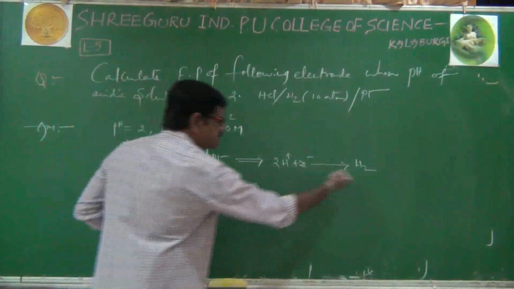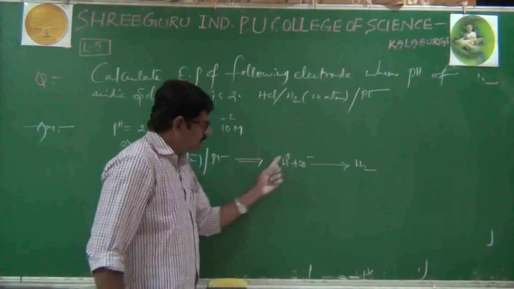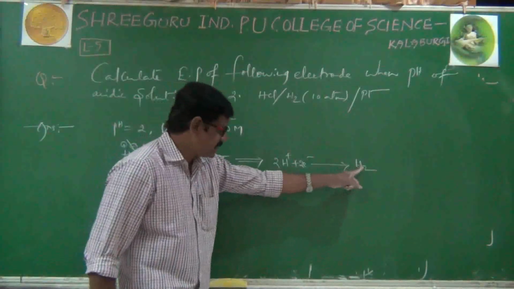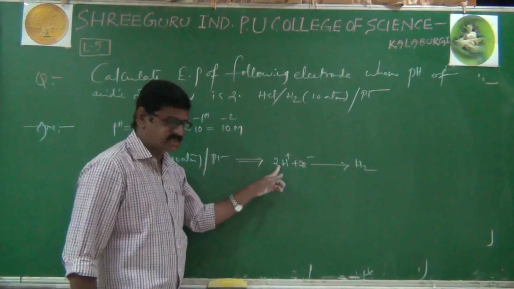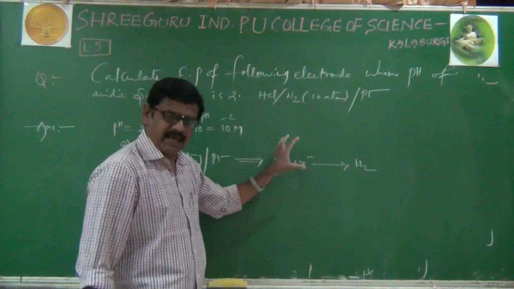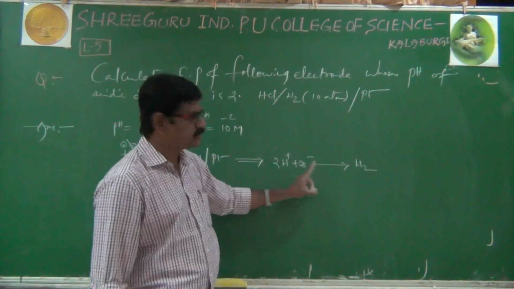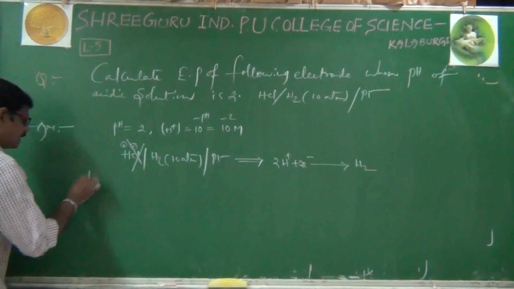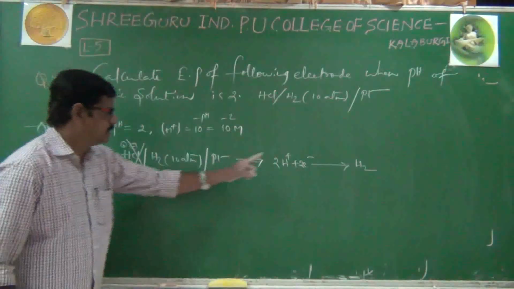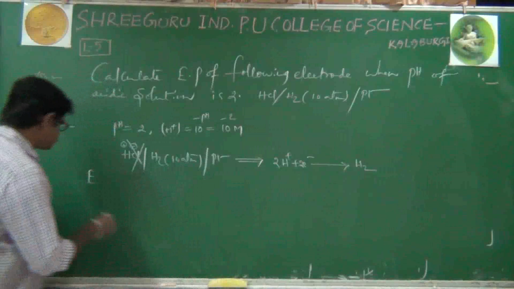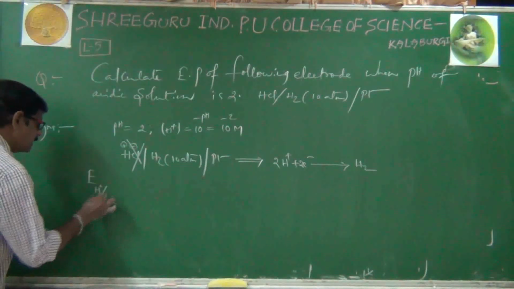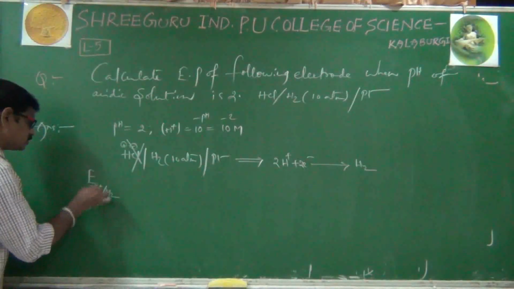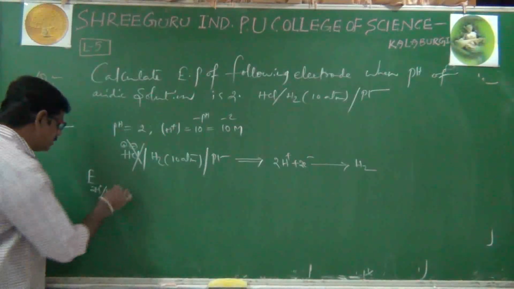Now again, it is a reduction process. It is a product. It is a reactant. It is a reduced state. It is oxidized state. Now again, we will apply the Nernst equation to this electrode. Therefore, E for H plus / H2, or of course 2H plus / H2 also we can write, no difference.